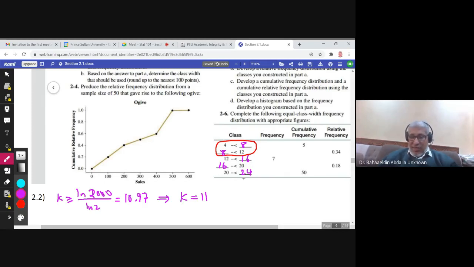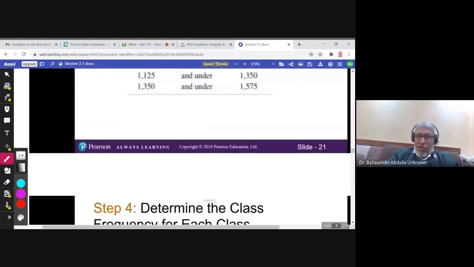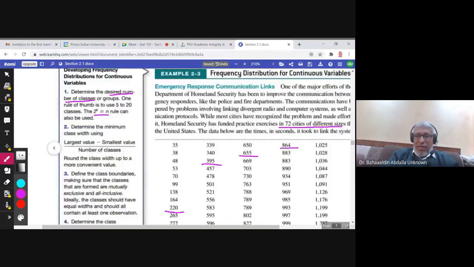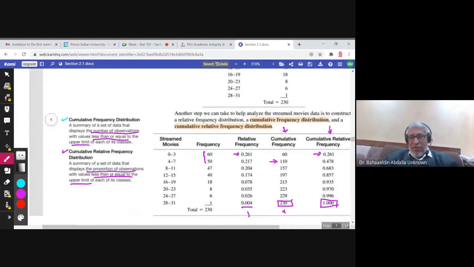Of course, notice that this method is different from when I write from 0 to under 2, 2 to 5, where you will see 2 and 5 here and here. But if you write it like this, from 0 to 3, from 4 to 7, then you will not see 4 here and 4 here. There are 2 ways to write the boundaries of the classes.